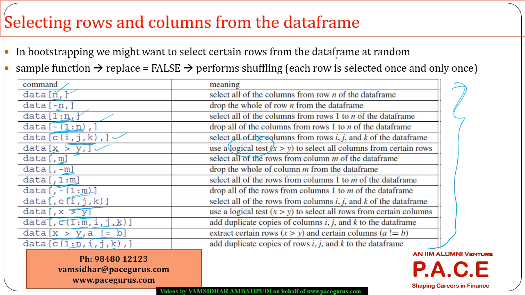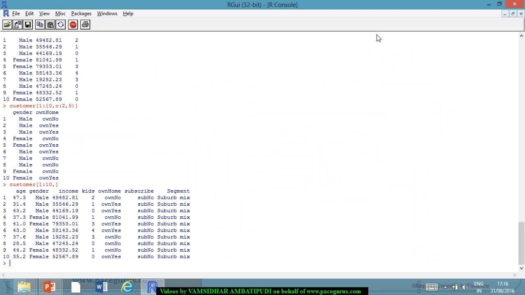And in some cases, I may be interested in getting a random subset also, right? Let's say here, I want some random 20 rows to be selected out of this 300. So first of all, I'll use a sample function. Sample is a function that will generate randomly.